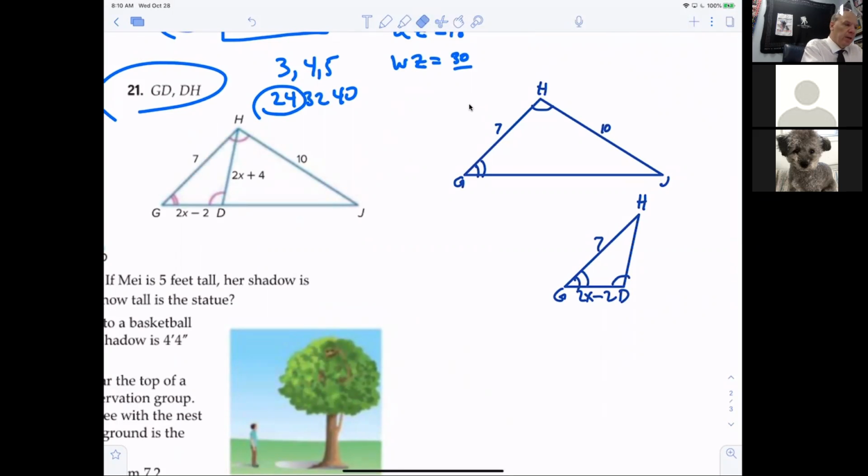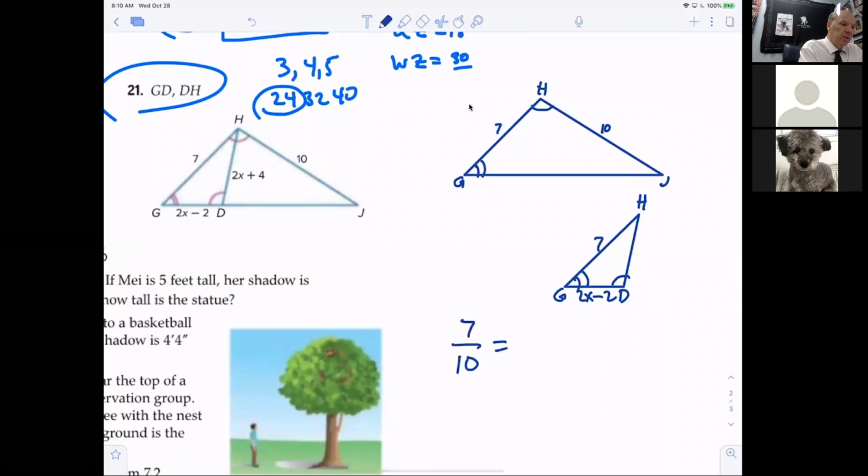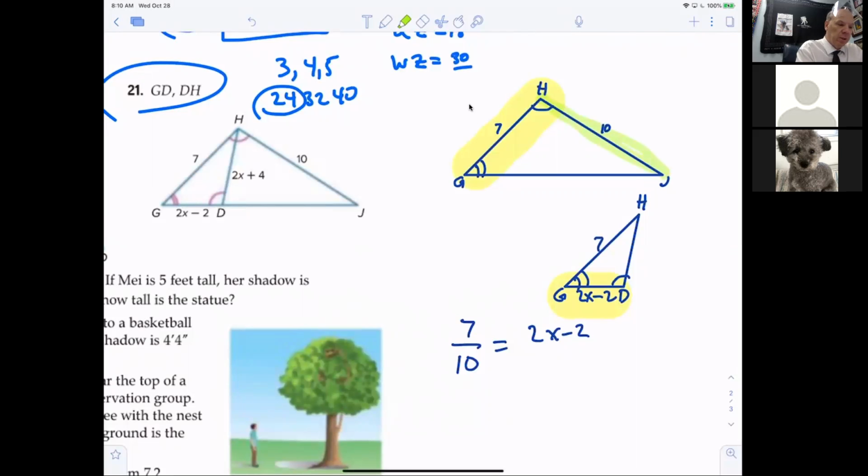So I just write the two sides of the triangle that are known. 7 over 10 is equal to, and then I say, okay, 7 is between 1 and 2 tick marks. So that means 7 corresponds to what? 2x minus 2. And then we could say that 10 is between 1 tick mark and no tick mark.